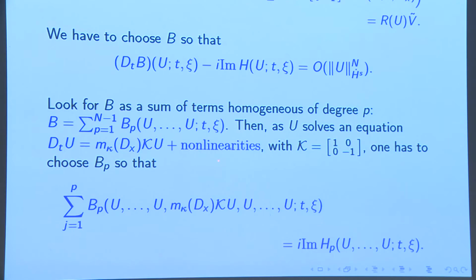The nonlinearities will give terms of higher degree of homogeneity that I may forget at that level. And I want to choose Bp in order to get rid of the contribution to imh homogeneous of degree p that I may write as some imaginary part of hp of u dx I.